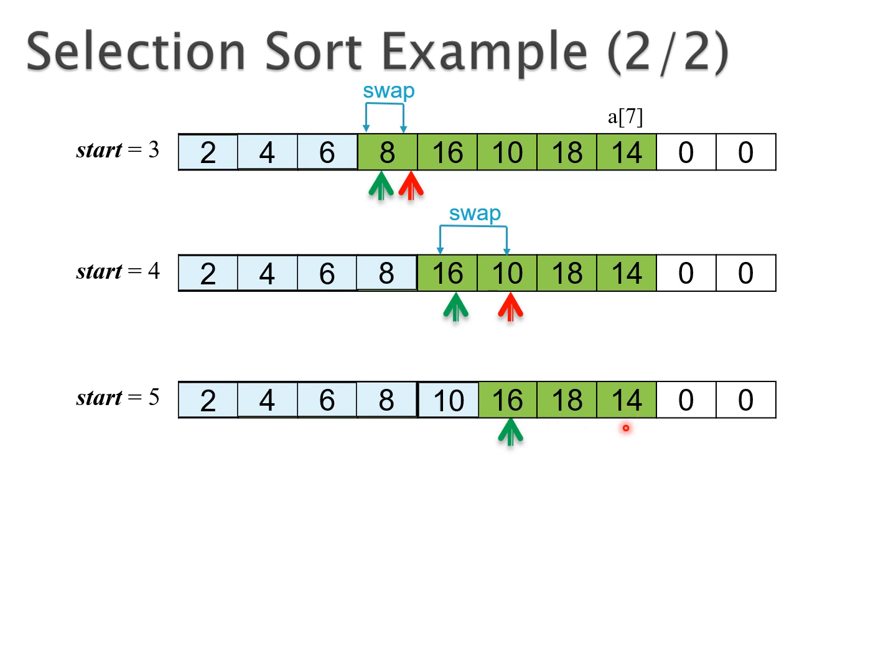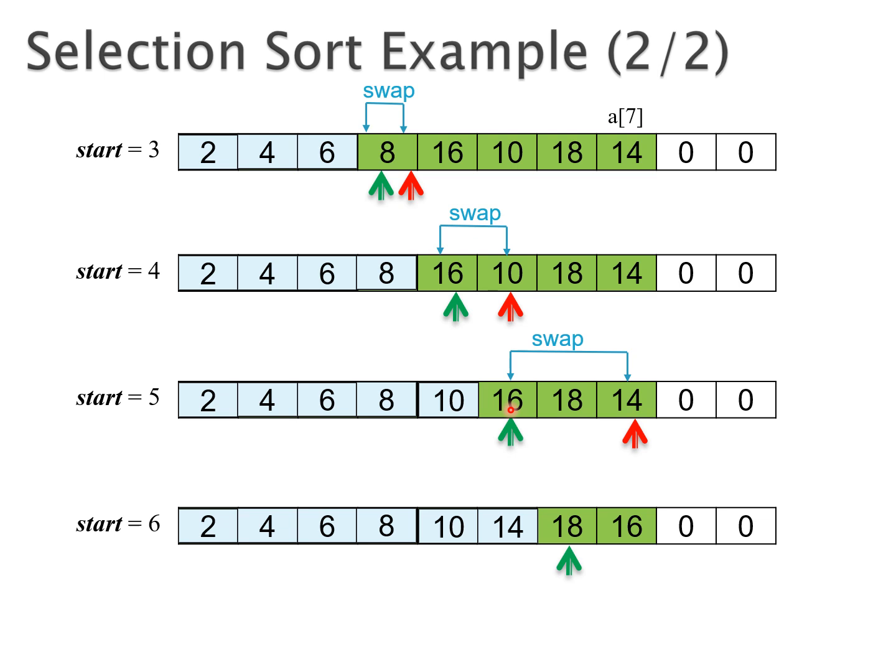And again, we look for the smallest element in the current unsorted segment, which is at index 7. And we swap it with the first element of the current unsorted segment, which is at index 5. After swapping, we move to the next iteration with start equals 6.